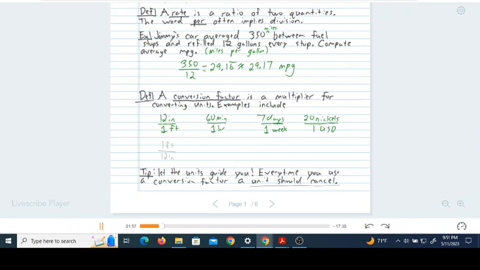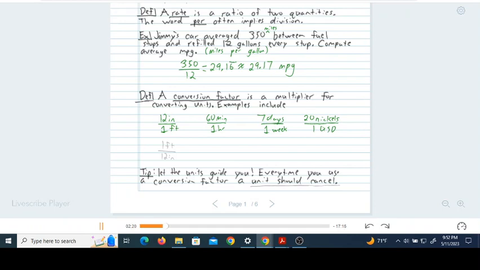Now mathematically, all of these are equivalent to 1. Because any quantity divided by itself equals 1. 12 inches is the same thing as 1 foot, so 12 inches divided by 1 foot mathematically equals 1. So that's very, very special because mathematically speaking, we can multiply any quantity by 1 and it will maintain the same value.